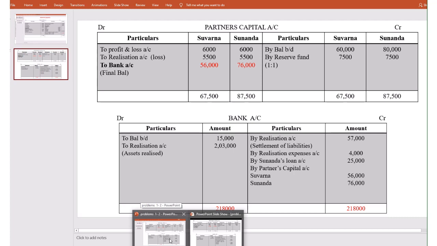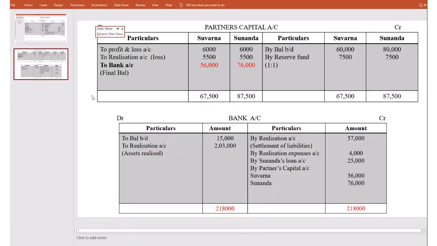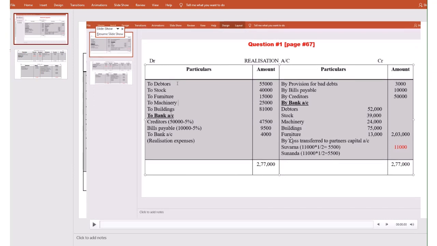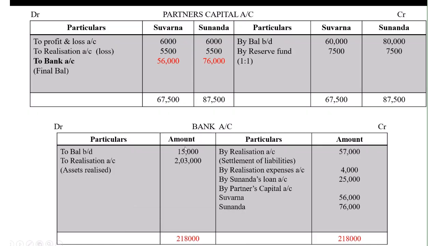You can see this is the total assets realized in the realization account, which we need to take in this bank account. Only these two items will always appear on the debit side of the bank account.